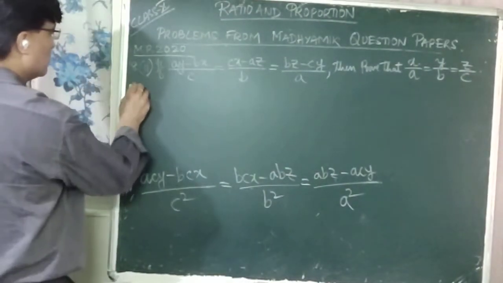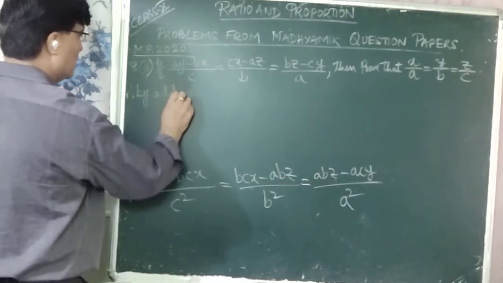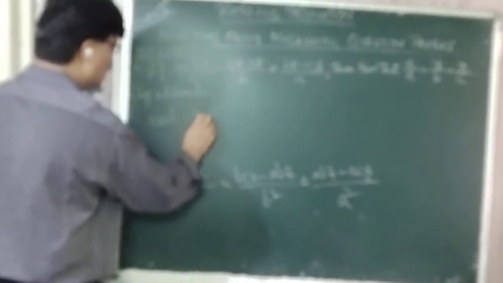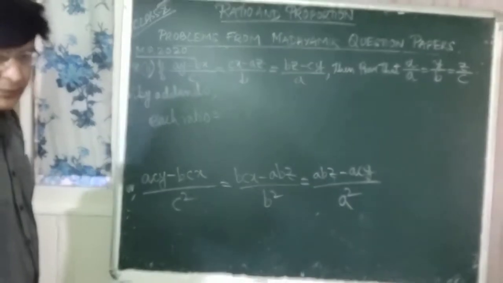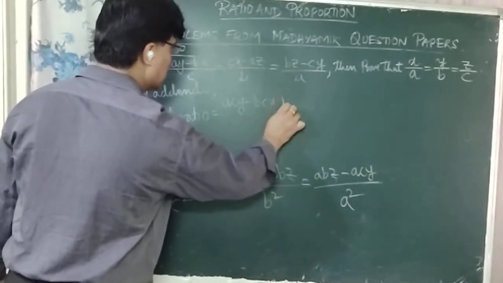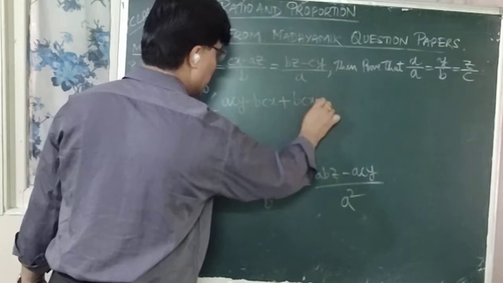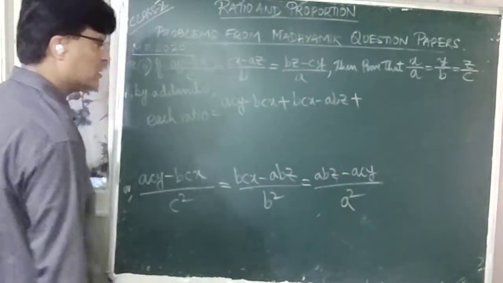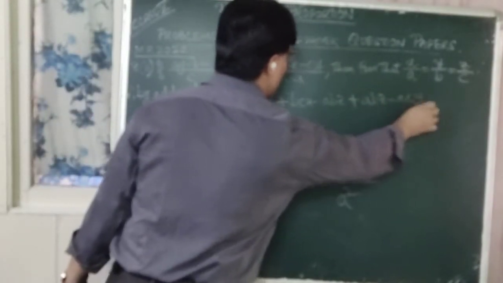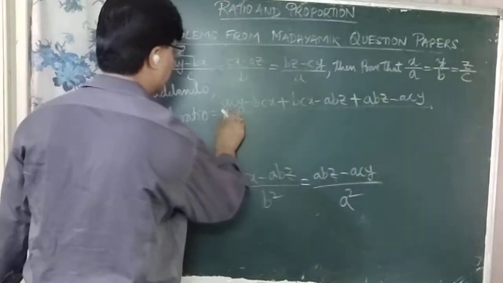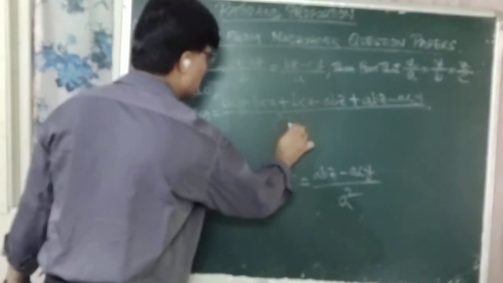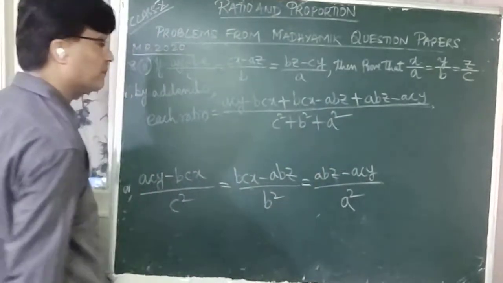So by addendo each ratio is equal to, add those numerators, that is acy minus bcx plus bcx minus abz plus abz minus acy, this whole divided by, add those denominators, that is c square plus b square plus a square.